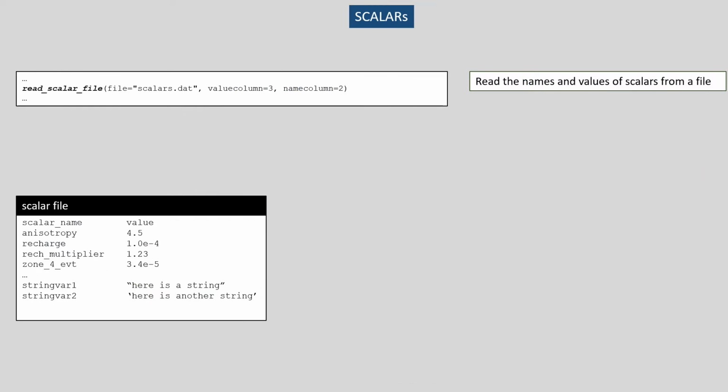Finally, the final entity that PLPROC uses is the scalar. And as the name implies, a scalar is just a single number. The values of scalars can be read from an external scalar file. Scalars can be used in PLPROC function arguments and in PLPROC equations.